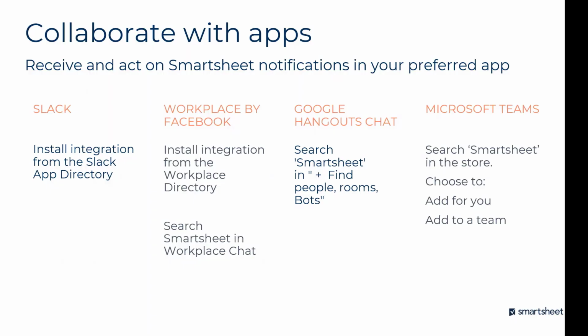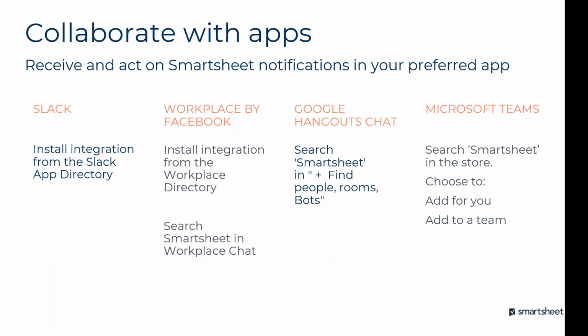As I mentioned at the start of this webinar, we're keeping some of our conversations today a little bit more high level. So the idea is to ensure that you know you have these options to help you decrease email volume, work more effectively, and eliminate some of the silos that tend to happen when most of your communication is by email. I have some quick tips on how to get each of these integrations kicked off.